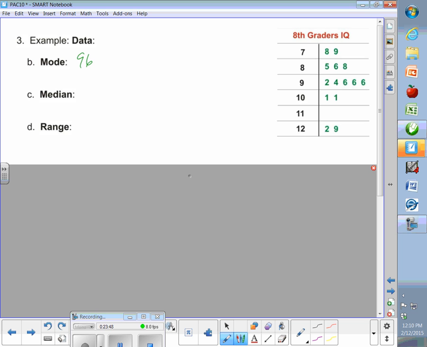All right, median. Find the median. 14 pieces of data.